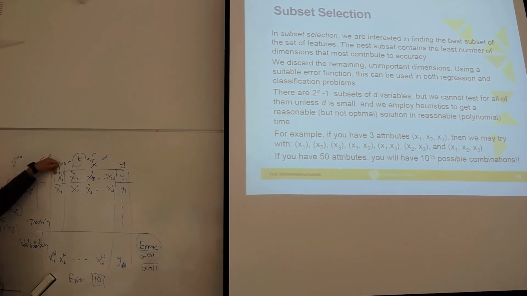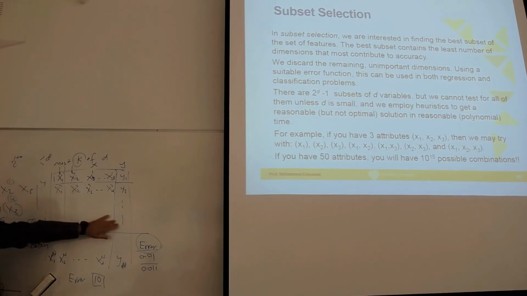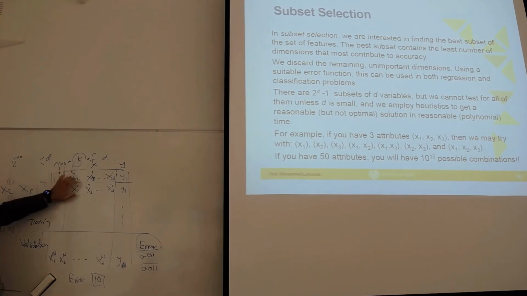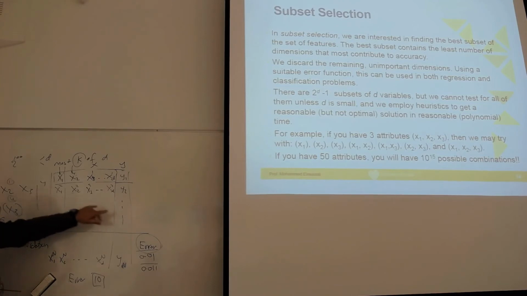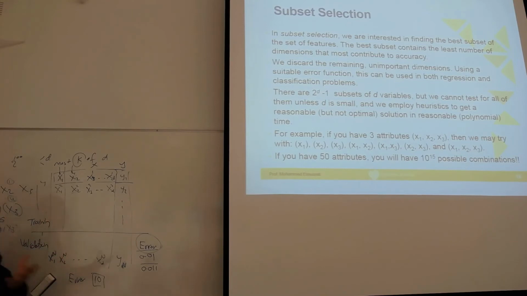We add first the first feature, and we check what the error is. Then we add the second alone, the third, until the D. Then we add them 2 by 2, 3 by 3, 4 by 4, until we complete all of them. This is called the forward method.